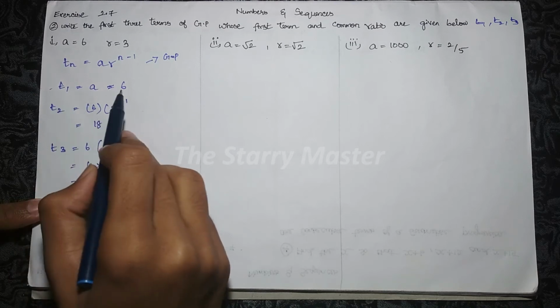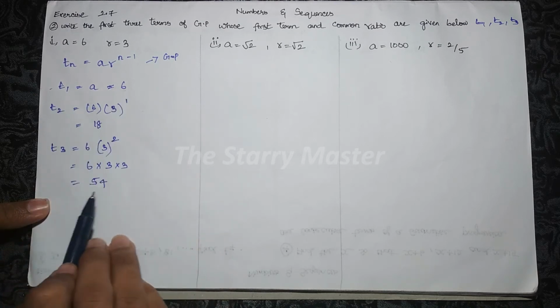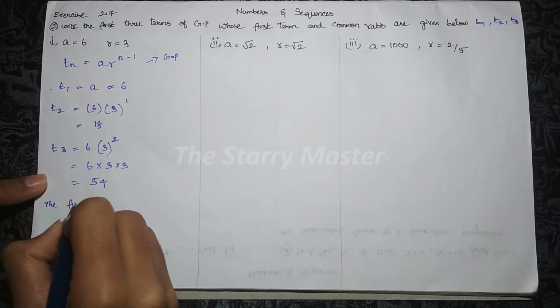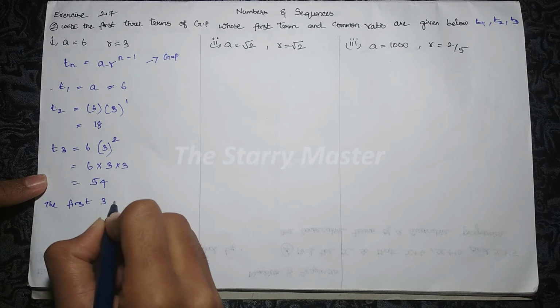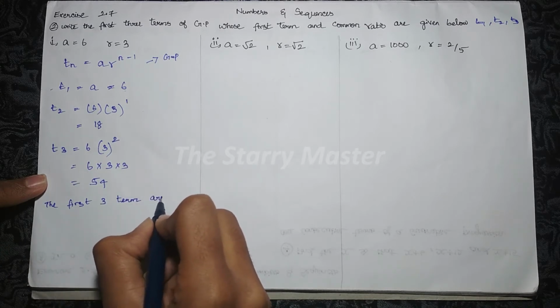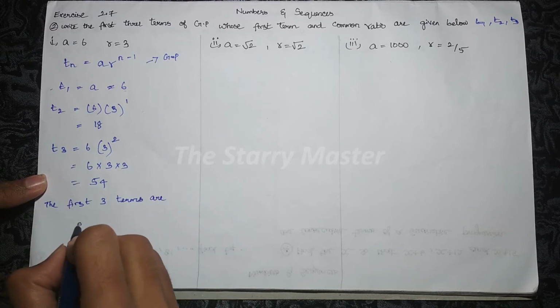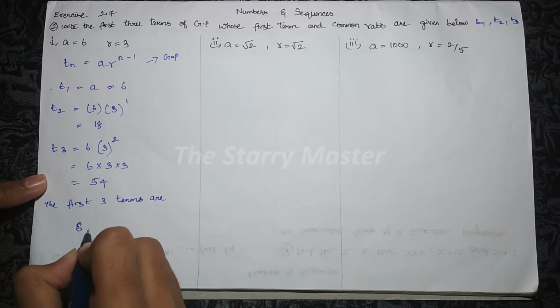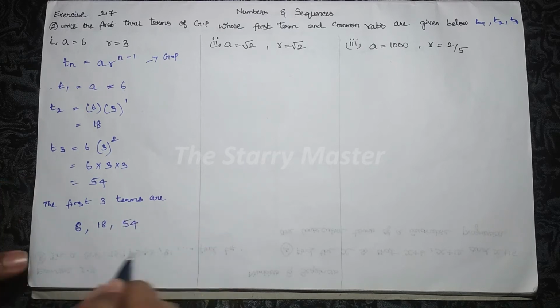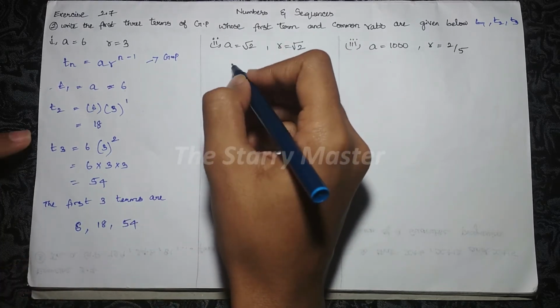So the first term is 6, the second term 18, the third term 54. So the first three terms are 6, 18, 54.